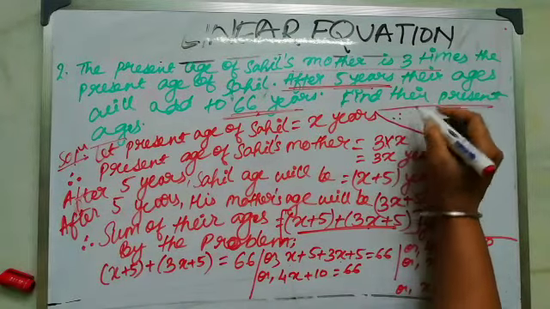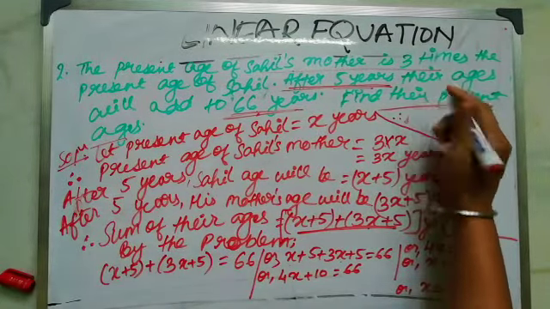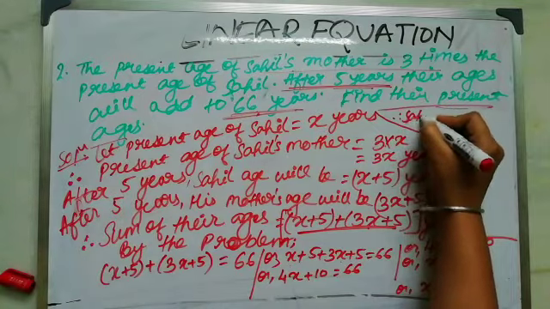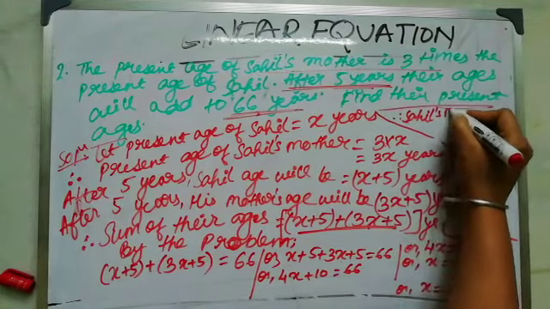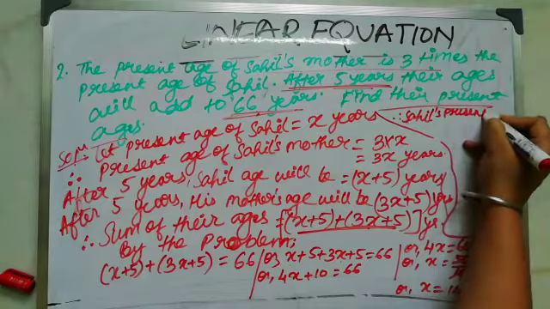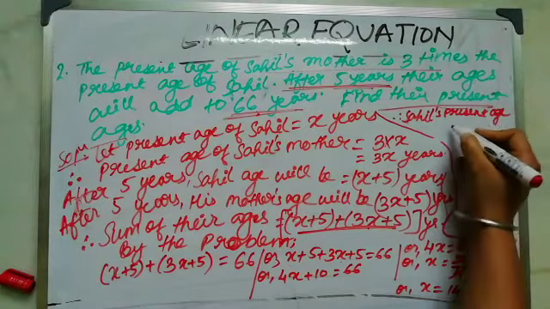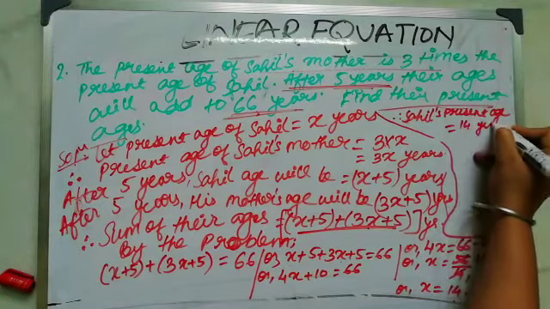Therefore, Sahil's present age is equal to 14 years.